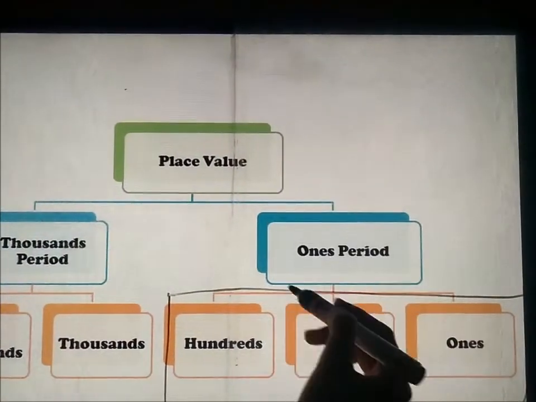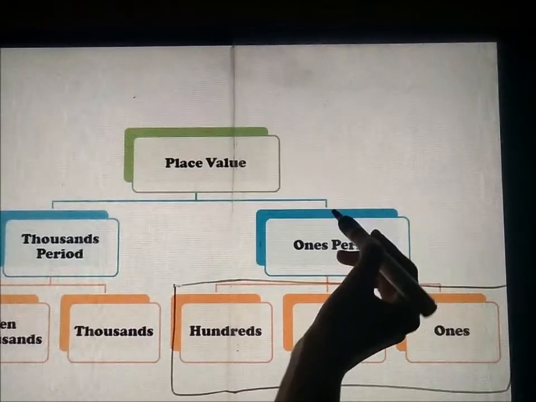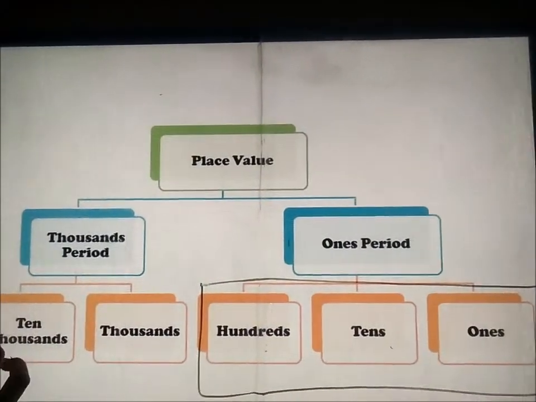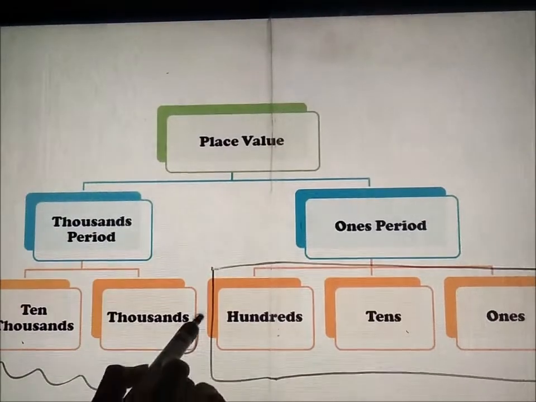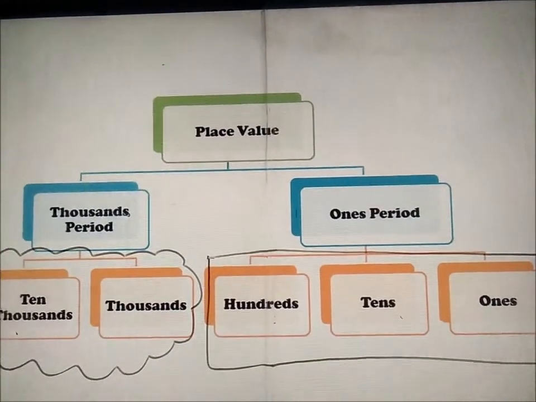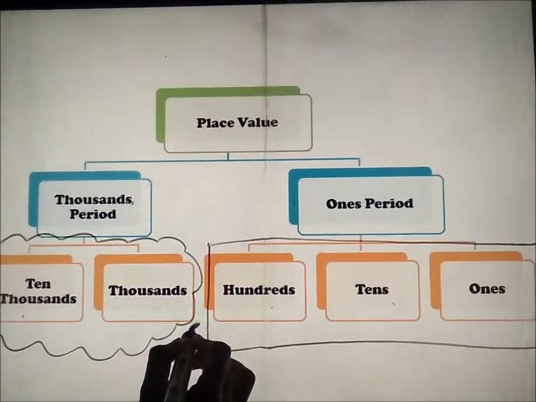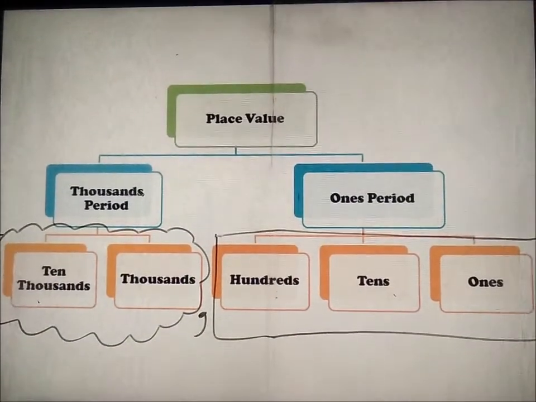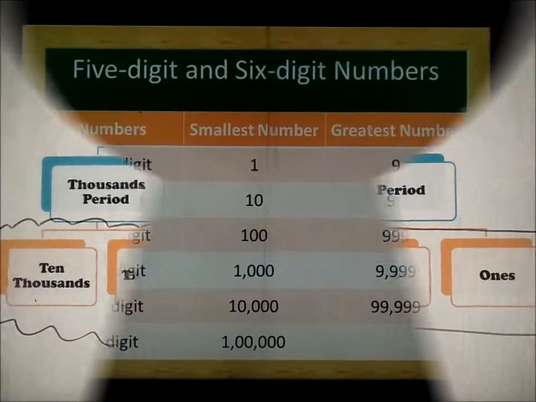They are under the group ones period. And 10,000 and 1,000 come under the group thousands period. So we use a comma to separate both of them when we are writing the number.